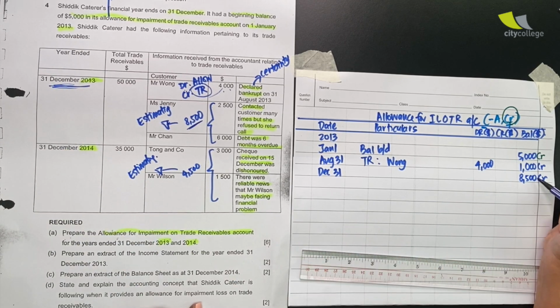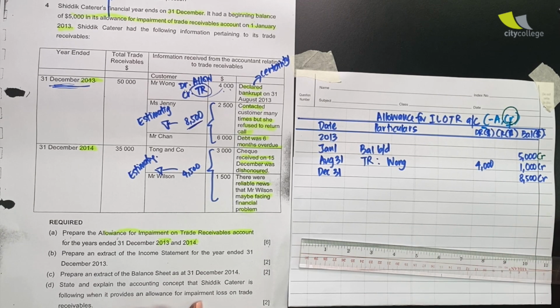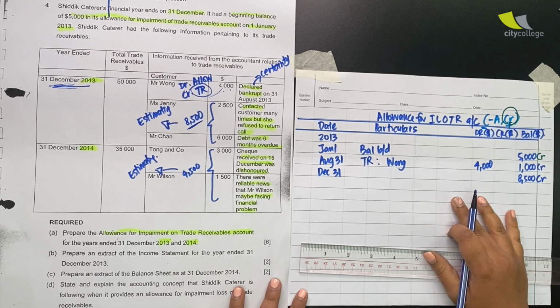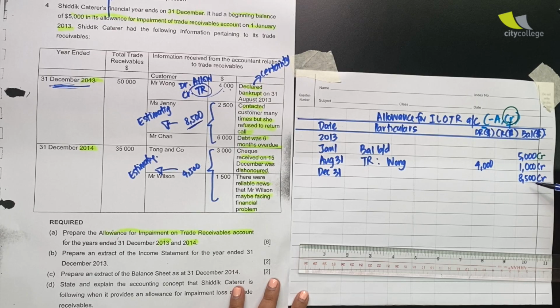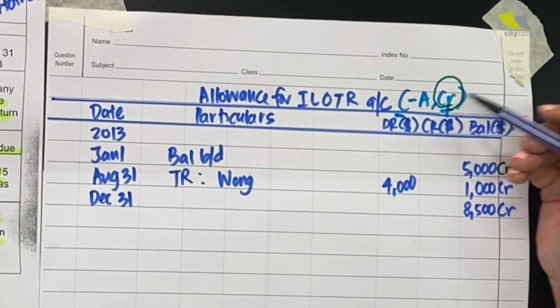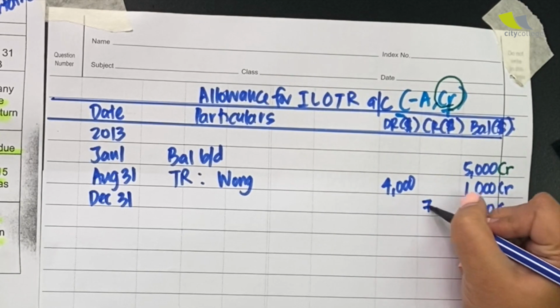So I should update the balance with what they have predicted will not be collectible. Now, this is the tricky part of this topic. You have to find how we arrived from 1,000 to 8,500. Simple math will tell you that you had to plus 7,500. So this is the plus column.